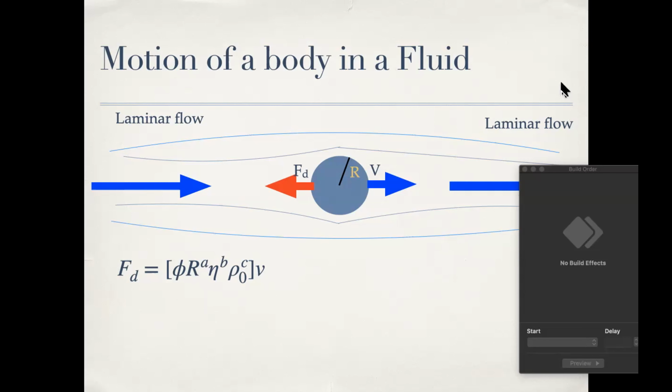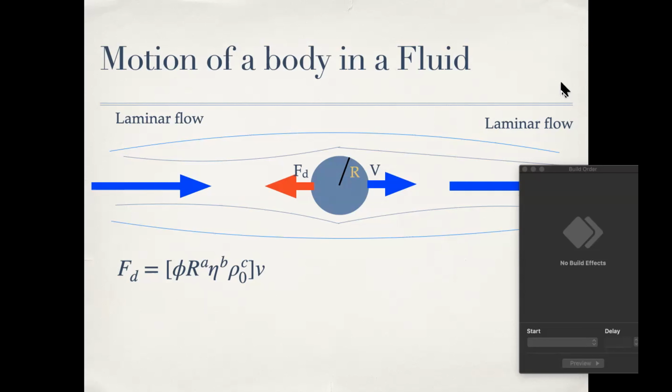it has to depend on the radius of the sphere, it has to depend on the viscosity of the liquid, and of course it has to depend on the density of the medium in which our sphere is moving.